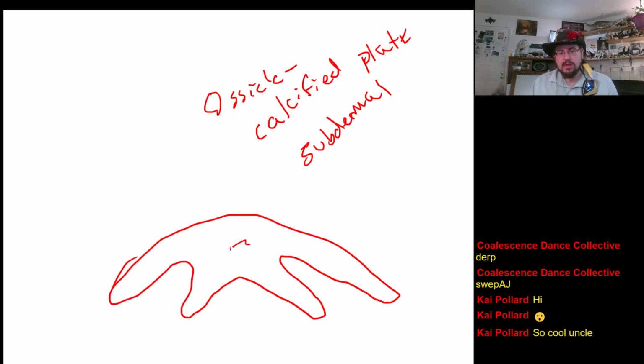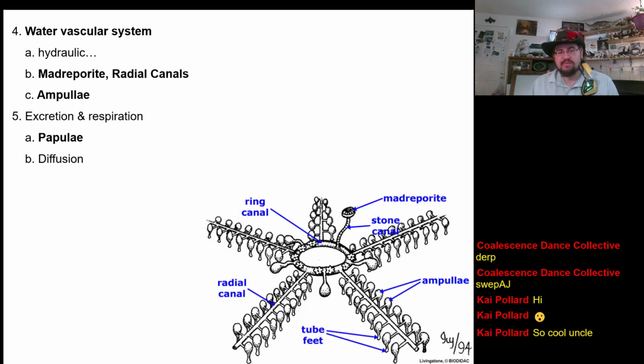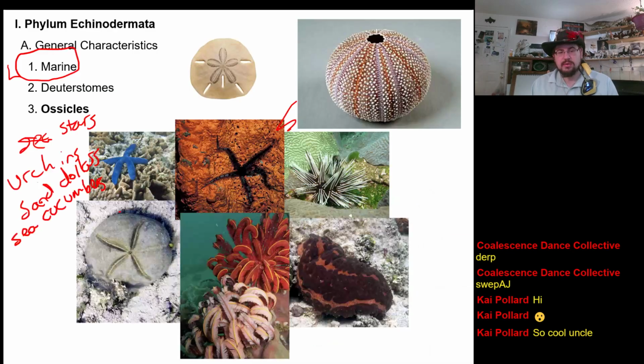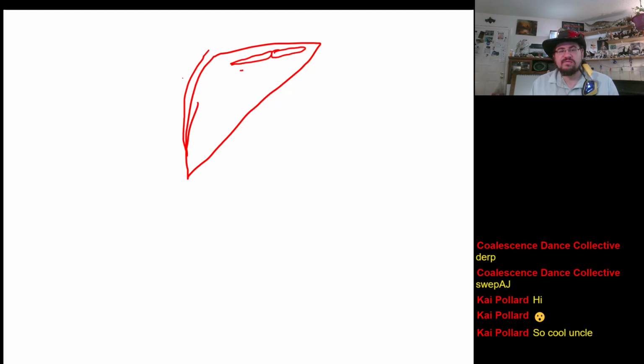If you were to cut this sea star in half, underneath the skin would be interlocking calcified plates.